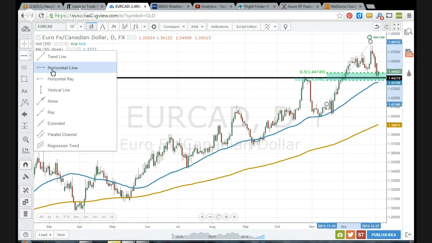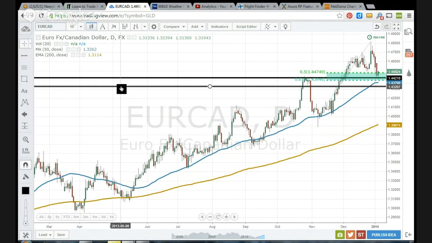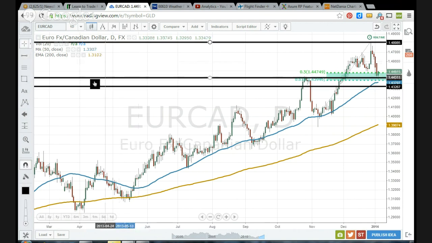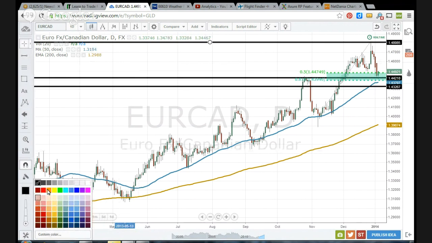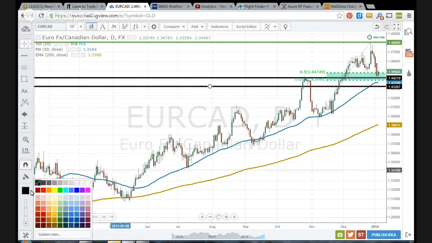Okay, so what am I doing here? I need to add the stop level, which I would put, let's say, here. Maybe I'll move that tighter. Let's see what it ends up being when I do the reward risk. Okay. And let's get that green, and let's get this red.